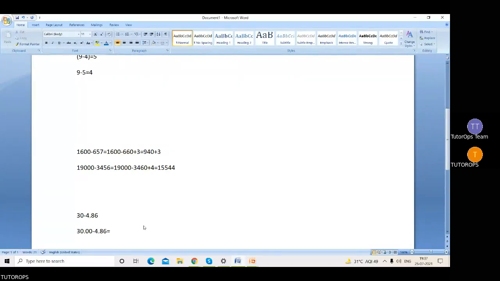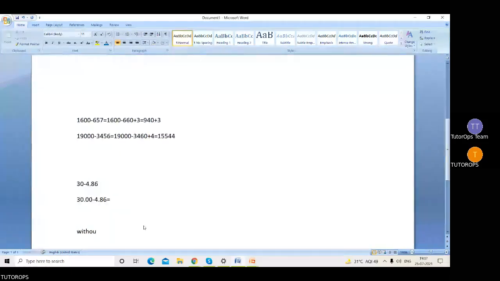I am just writing without the decimal, but don't write it without the decimal when you are doing it in exam or for the final calculation. So I am just, for better understanding, writing the method without the decimal. It will be 3000 minus 486.